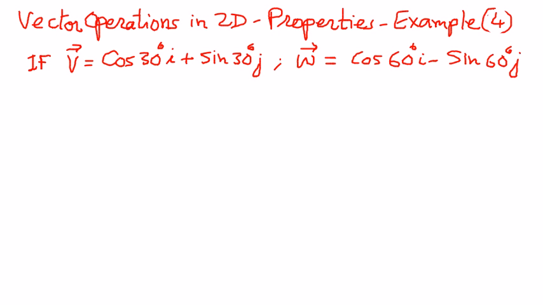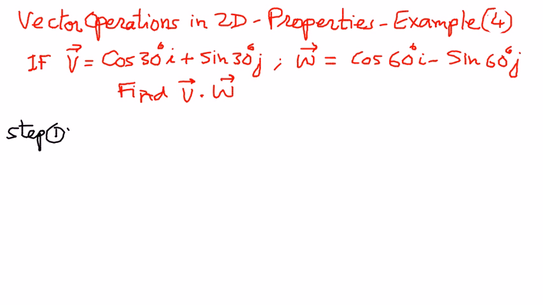Those are trigonometric quantities. We want to find the dot product of vector V times vector W, the dot product of vector V dot vector W. To perform that, we will follow these steps.